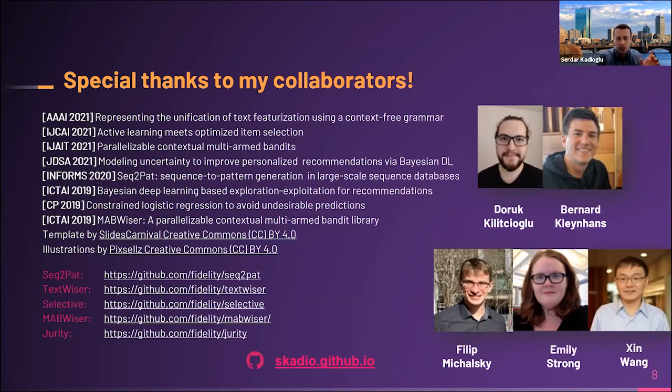And that's a very important property, so that once you take these vectors and use them in downstream models, maybe as part of your multi-armed bandit or any other machine learning model, those vectors can also be updated. So that's known as fine-tuning. And that's a very important property for adapting pre-trained models to your domain. And you have that option if you use the TextWiser library for the models that support it.